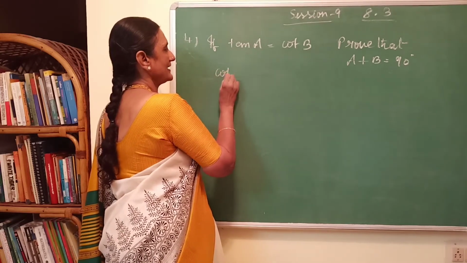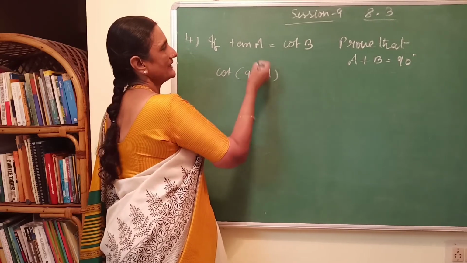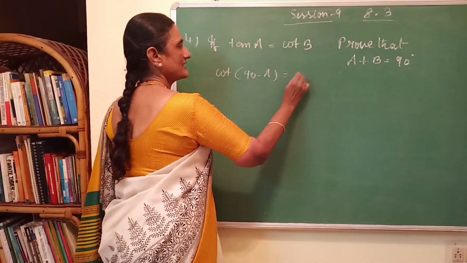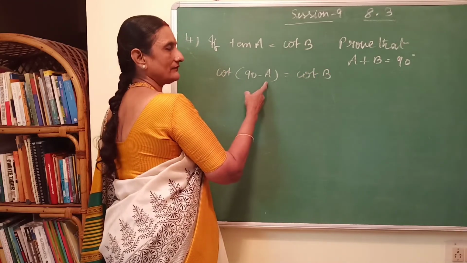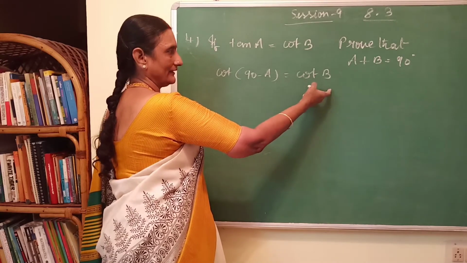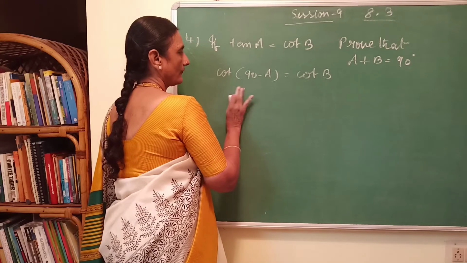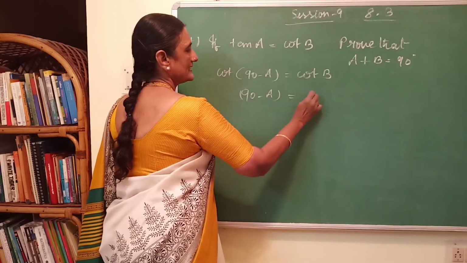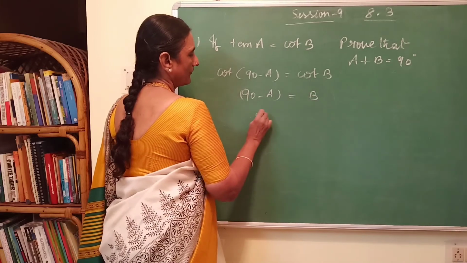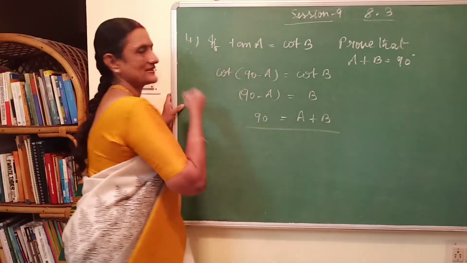Therefore, I am writing cot of 90 minus A is equal to tan A, which is equal to cot B. Now, cot of an angle is equal to cot of another angle, means both the angles should be the same. Therefore, you will get 90 minus A is equal to B. Therefore, 90 is equal to A plus B. The result is proved.